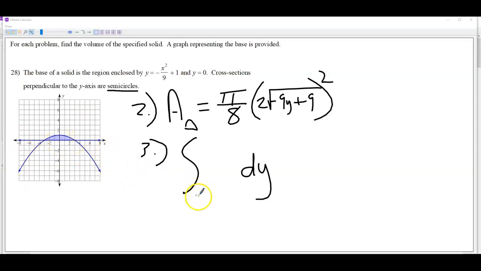So the bottom value is 0 for y, and the top is 1 for y. And then this whole formula here is what's going to go inside of the integral there. So I'm going to put the pi over 8 in front because it's a constant multiple and because I don't have a lot of room. But you don't have to do that necessarily.